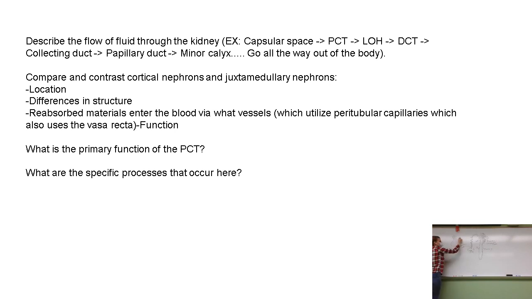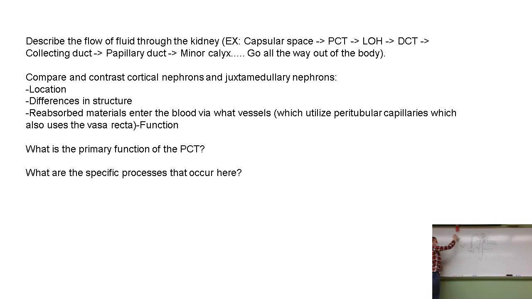It dips down a little bit, and then it dumps into the collecting duct. This collecting duct is bringing us down this renal pyramid. The very bottom of it right here is the renal papilla. Then this minor calyx is around the bottom of that renal pyramid. And there would be another minor calyx over here at the bottom of this renal pyramid, right?